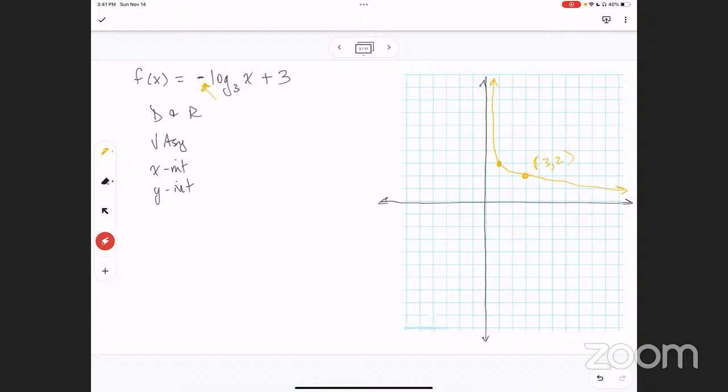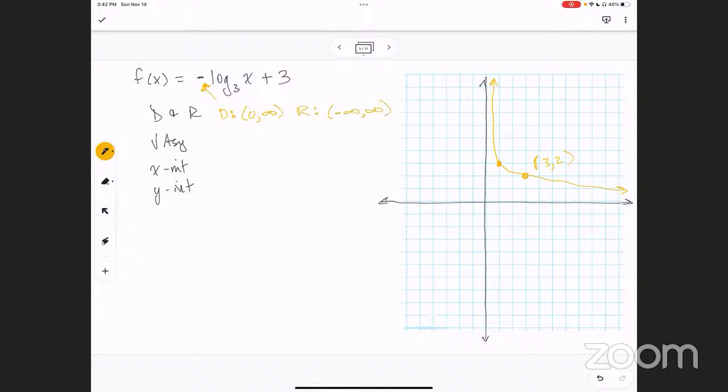All right. So tell me what the domain is. The domain is 0, infinity. Good. What's the range? Negative infinity to infinity.